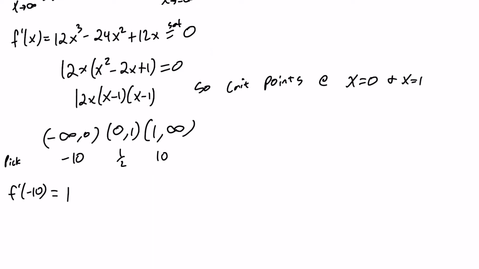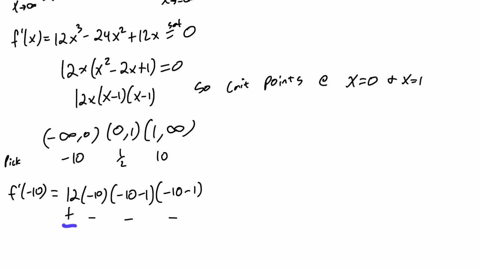So f prime of minus 10 is 12 times minus 10 times minus 10 minus 1 times minus 10 minus 1. Without actually running the calculation, we can see whether this is positive or negative. Because this 12 is positive, this minus 10 term is negative, this minus 10 minus 1 is negative, and this term here is also negative.